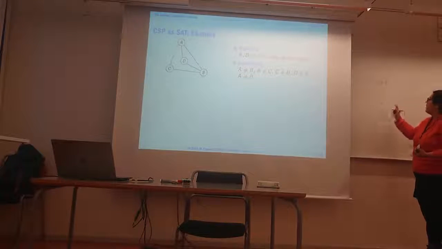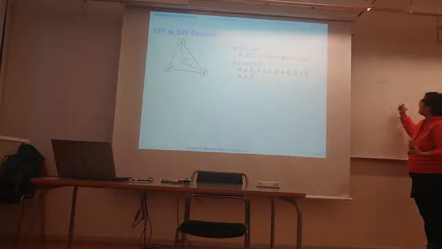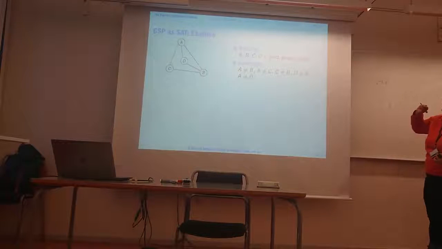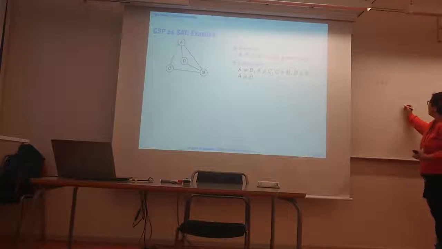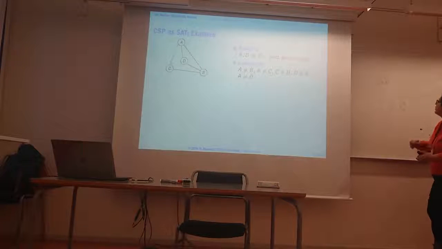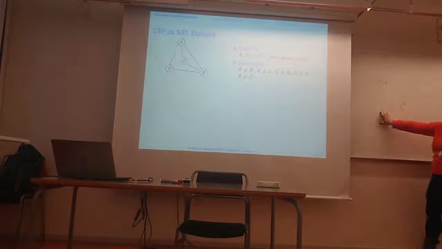And another variable, the state that X for variable A would be green, and X for variable A would be blue. So basically this is a Boolean variable. What does it mean? This can be true or false.